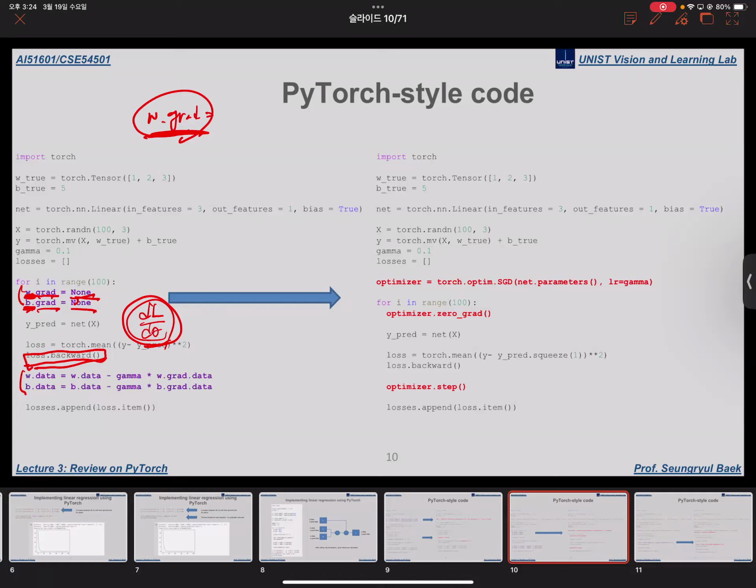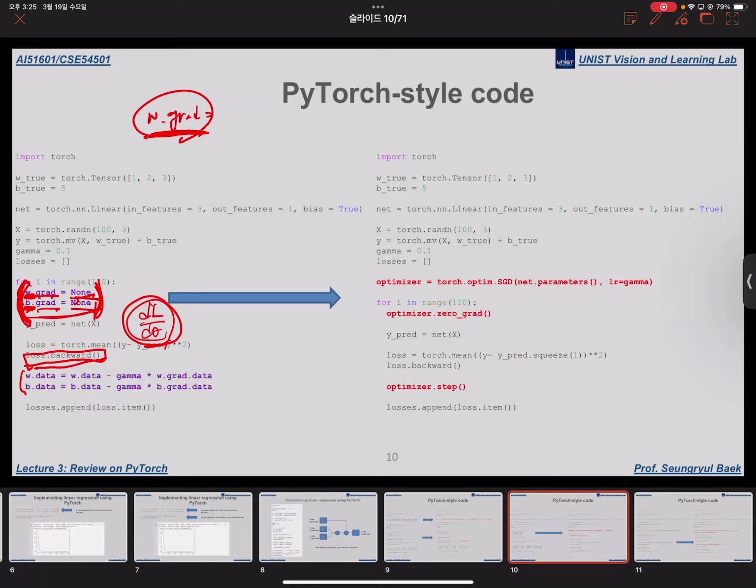So that's why you are initializing each gradient value as none. Without this code, your gradient might be confused because it is added to some garbage values. Okay, so that's why we are initializing these gradient values.